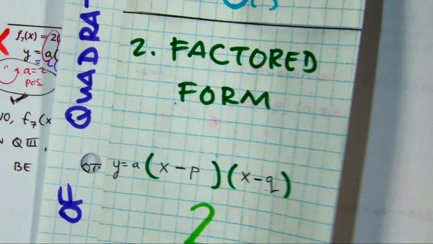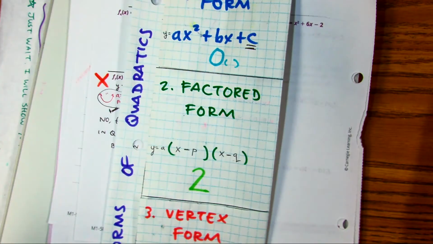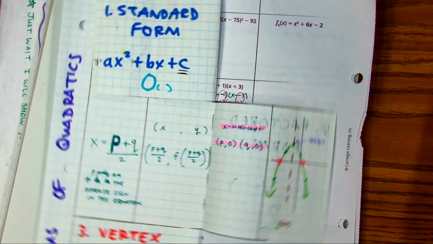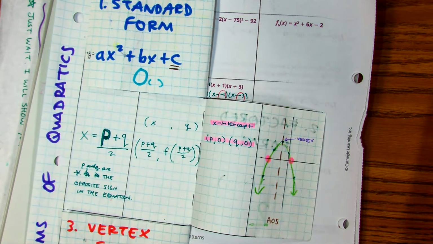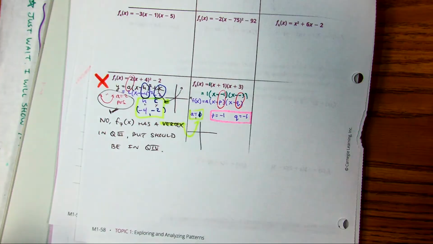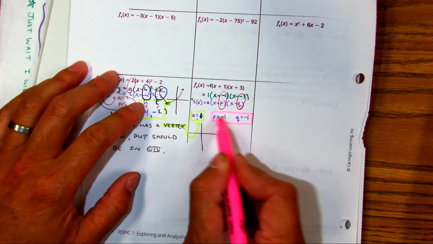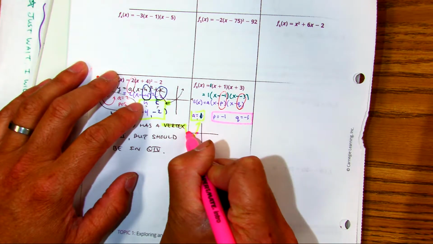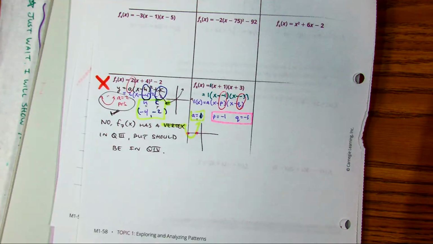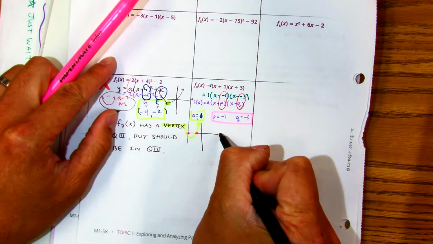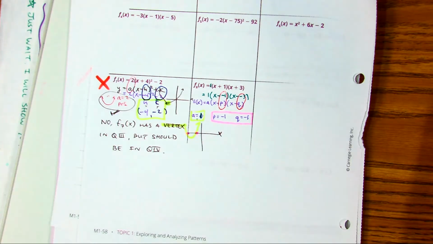Last period, a couple of students didn't highlight the words I highlighted. So we have factored form. If you don't have this highlighted, you should. Francis, what's the only thing in there that I highlighted? What do P and Q stand for? X-intercepts. This is where it crosses the x-axis, -1 and -3. P and Q represent where it crosses the x-axis.